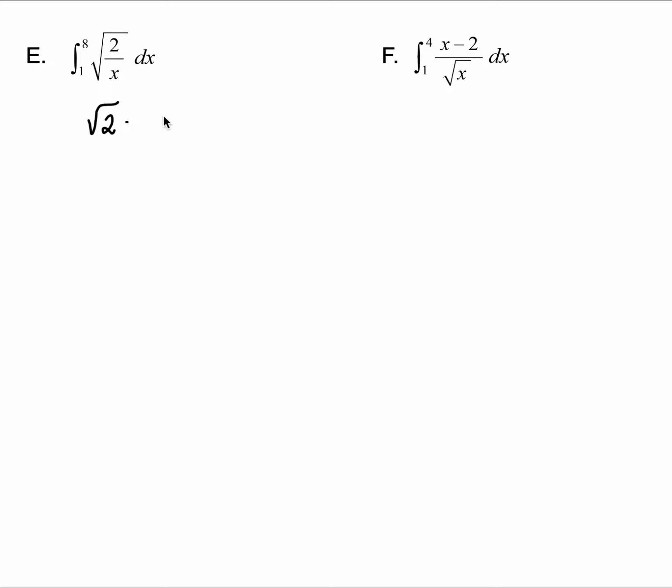Okay, or 1 over the square root of x. Like that. And if we think about it this way, then we could say, oh, well, the square root of 2 is just a coefficient. We could pull that out. We could factor that out. And we're left with this, which is just x to the negative 1/2. And I think this problem becomes a lot easier when you think about it this way.